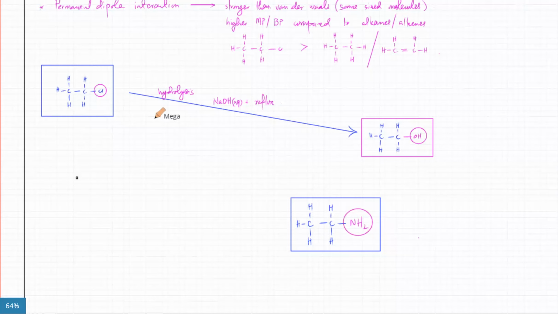So that's another reaction you could do. And the conditions that are used are NH3 ethanolic and reflux.